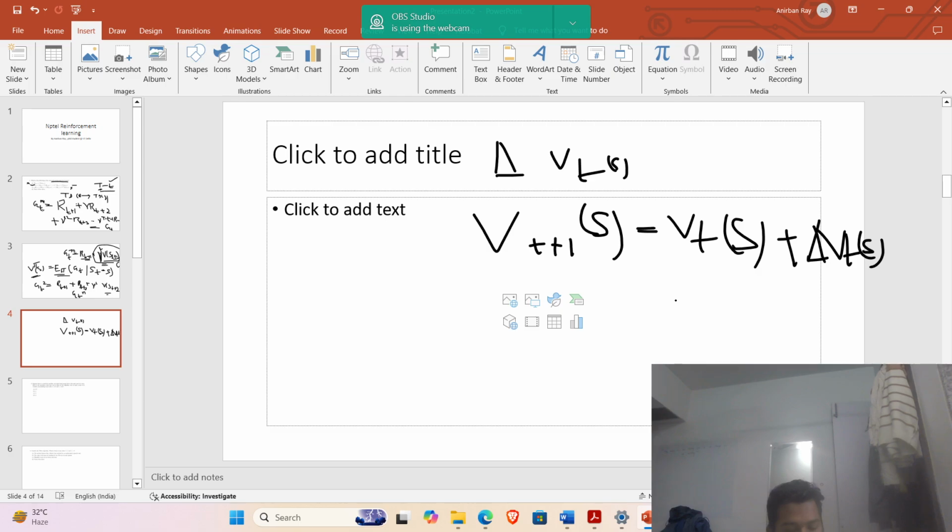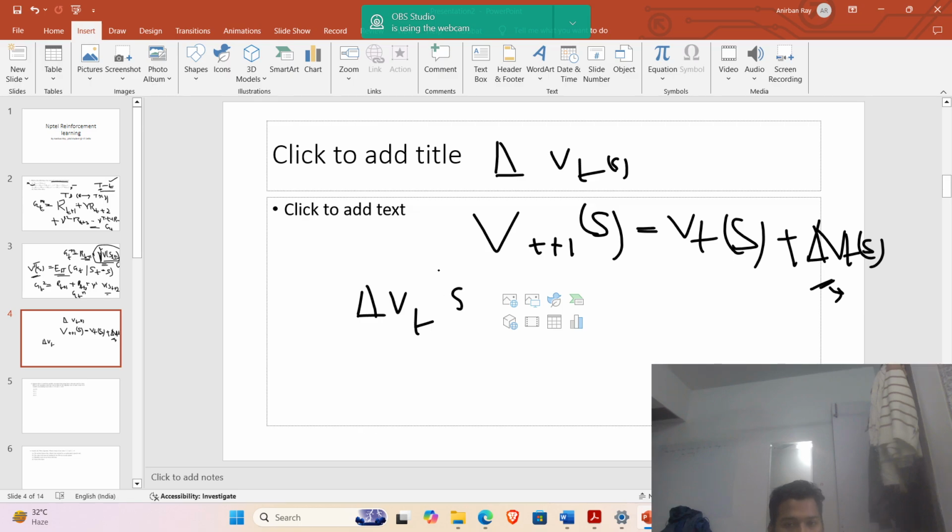This is what we have to do. So in an offline method, until all the n steps are done, this change will be 0. But in online method, after every step, this will be updated with delta vts. So this is our point here, the online and offline distinction.